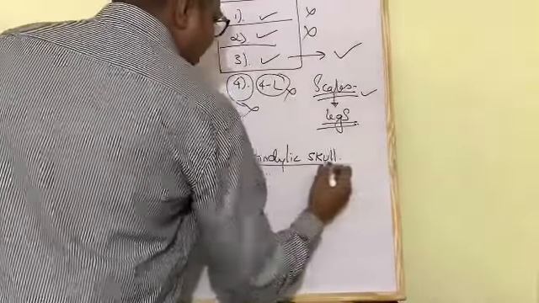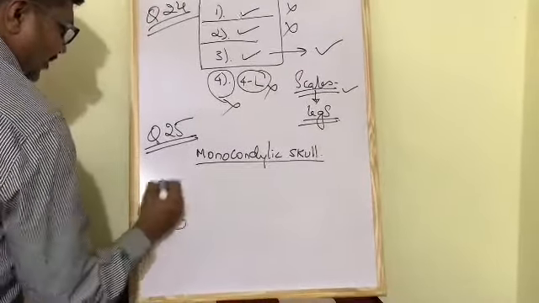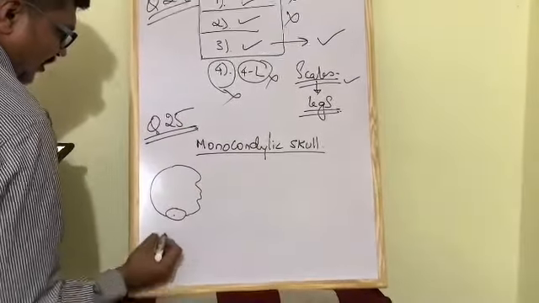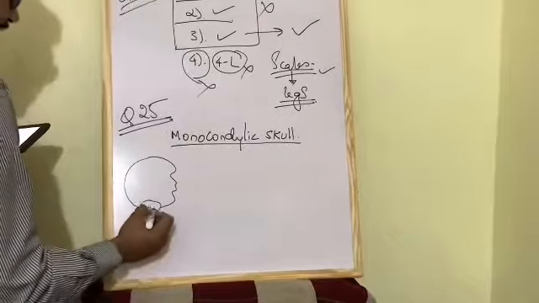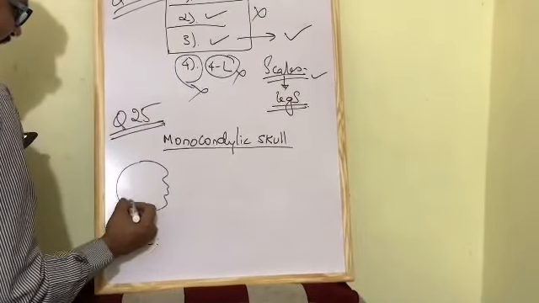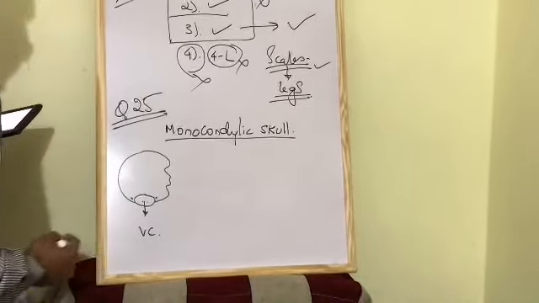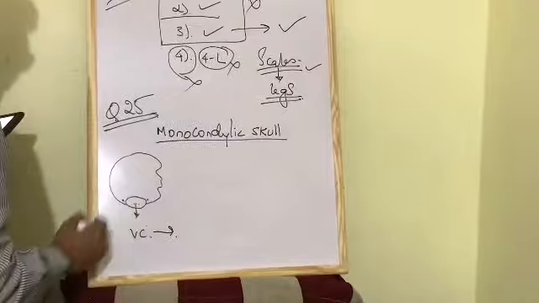Now, monocondylic skull means there is an opening of the skull at the bottom. Like if you talk about the human being skull, there is an opening at the bottom which is going to connect to the vertebral column. This opening has certain points where the first vertebra of the vertebral column is going to make a connection.